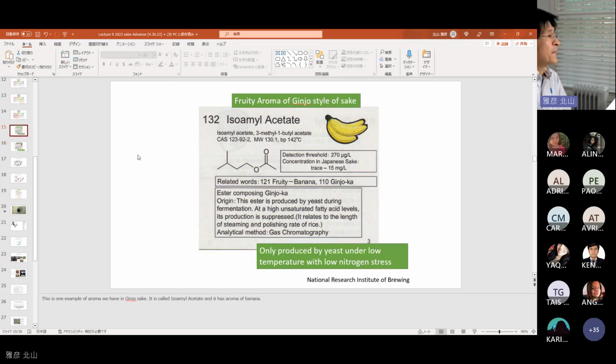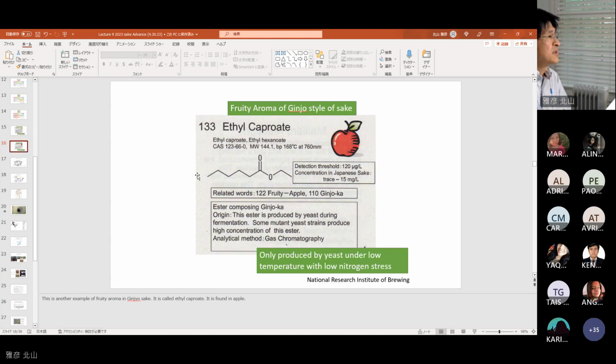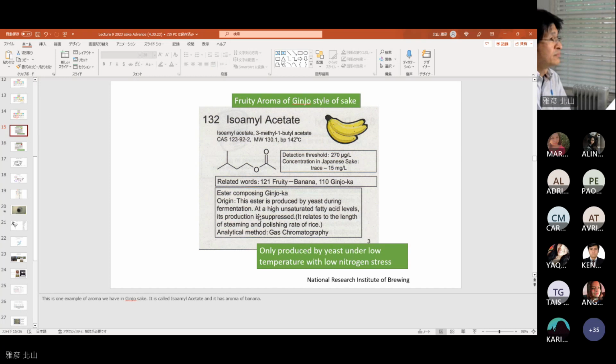This is a small volatile compound that yeast produce as an ester. This is the composition of ginjo aroma. This compound is produced by yeast during fermentation. At a high unsaturated fatty acid level, its production is suppressed.